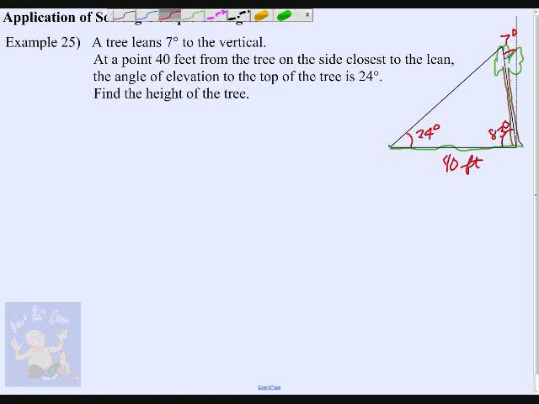That's right. And we are interested in finding how tall this tree is. Let's call that A. So this would make this A, and let's say this is B, and this is C over here.